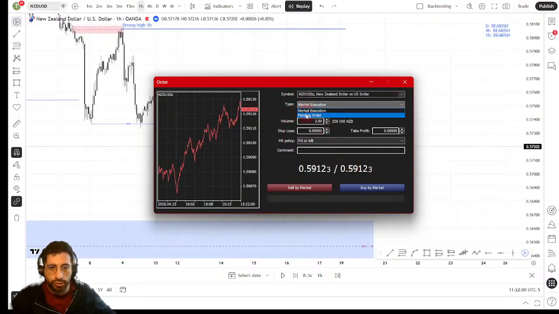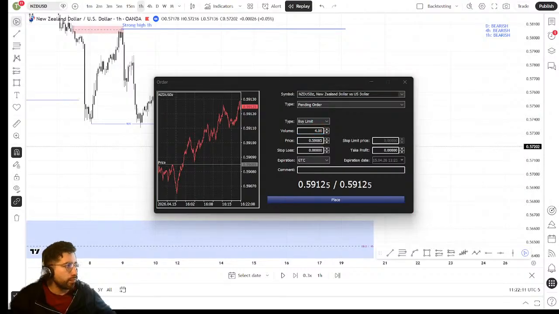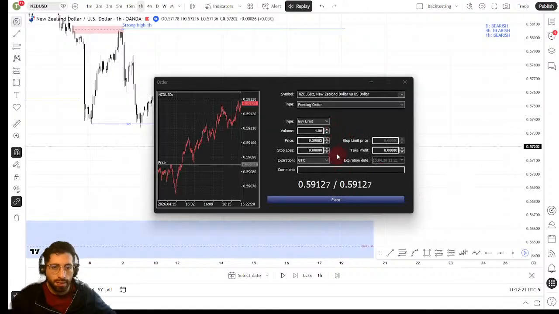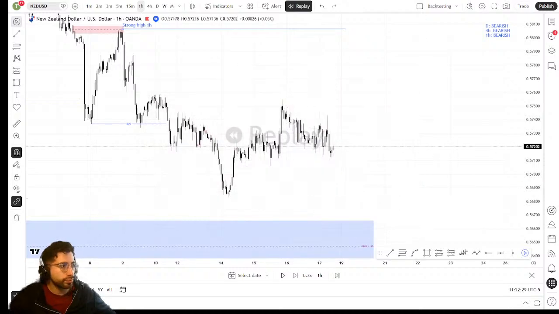As you're watching here, I'm putting a pending order on this pair. Because the stop loss is that tight, that's why I put that small amount of lots. Here is the stop loss. All right, it has been placed. Good.